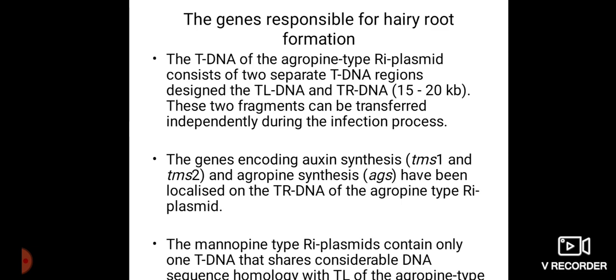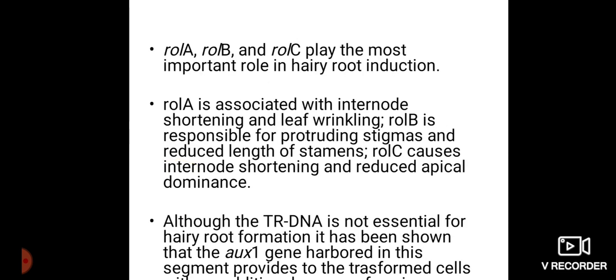The genes encoding auxin synthesis, TMS1 and TMS2, and agropine synthesis, AGS, have been localized in the TR-DNA. Mannopine Ri plasmids contain only one T-DNA, which has considerable DNA sequence homology to the Ti plasmids.